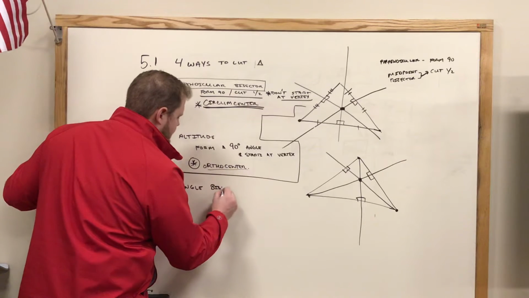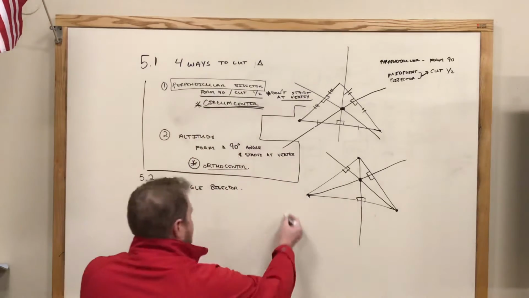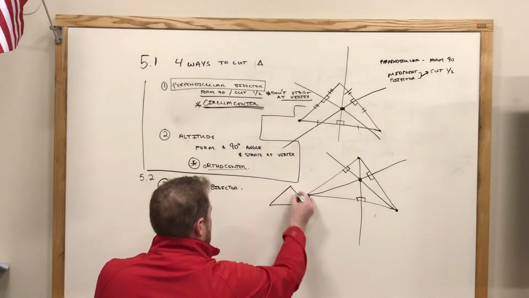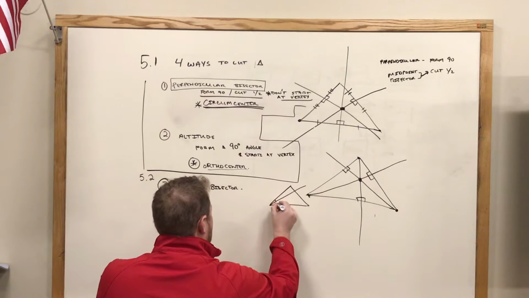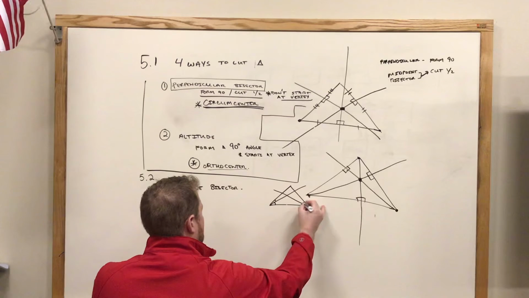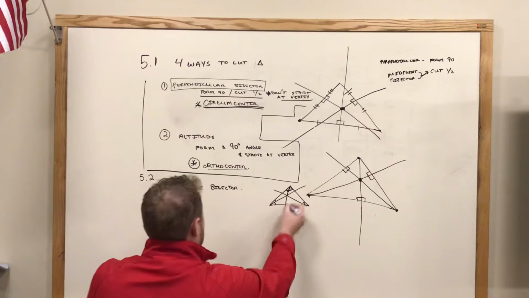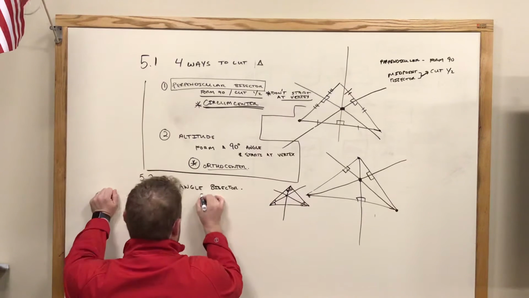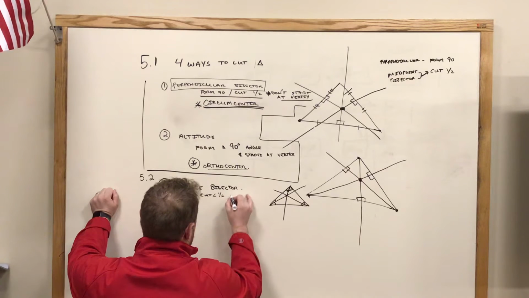Well, what's an angle bisector, guys? Angle bisector means if I have a triangle, that I would cut the angle in half. I cut this angle in half. And I cut this angle in half. Okay? So an angle bisector cuts the angle in half.